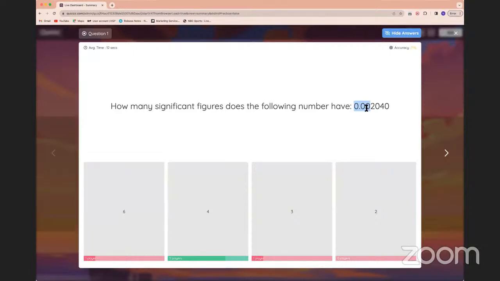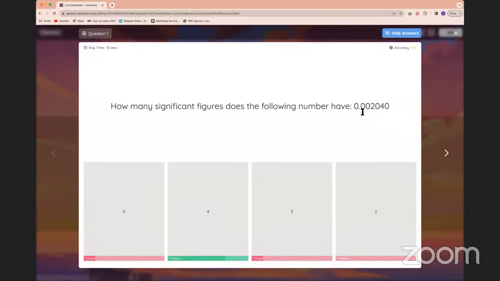Can you hear me? Yes, I can hear you. Can somebody tell me why the first 3 zeros are not significant? Because they're leading zeros. Any zero that comes before the first non-zero digit, before the 2, those are not significant.